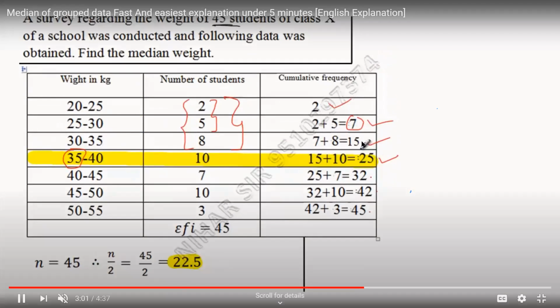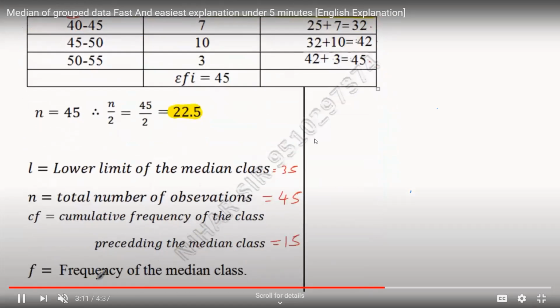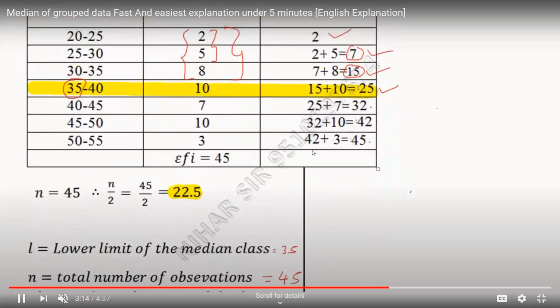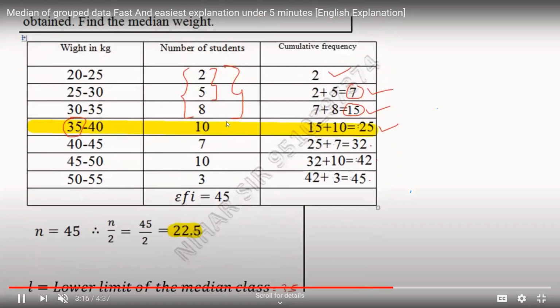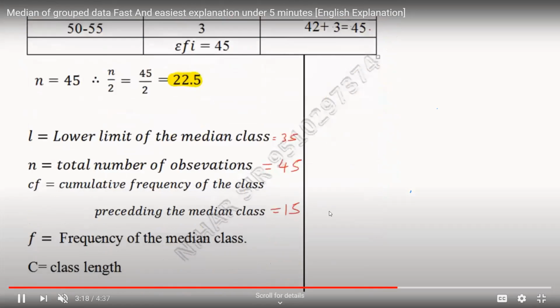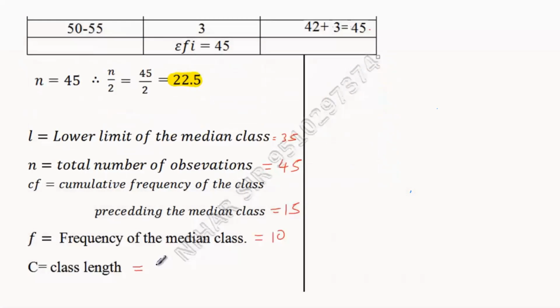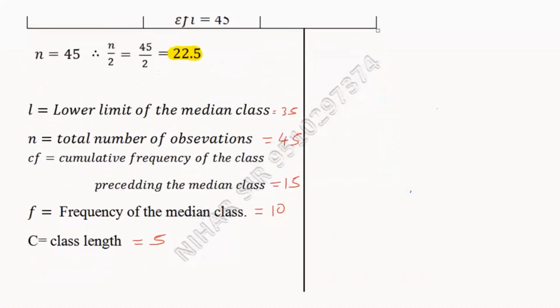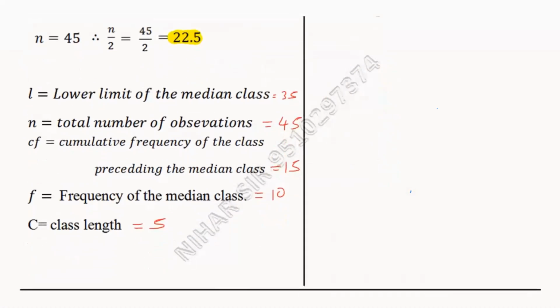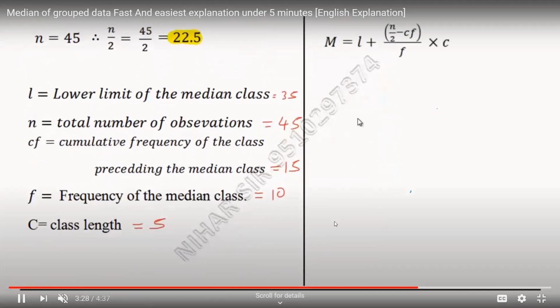You can observe 15 is the cumulative frequency of the class preceding the median group. So 25 is the median class cumulative frequency, and f is the frequency of the median class. The actual frequency of the median class is 10. And the class length, the size of the class, the difference between each class, is equal to 5. Now we have to substitute the values in the formula.